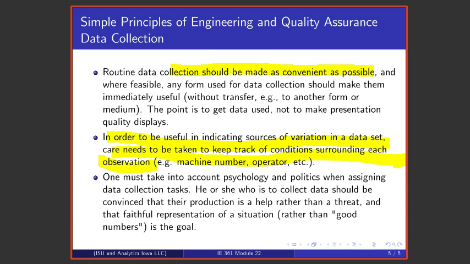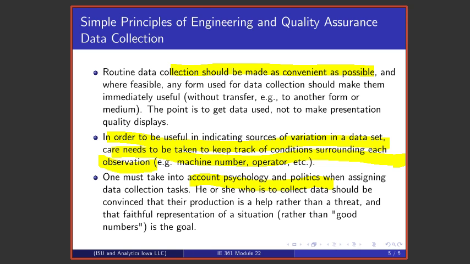Finally, one must take into account psychology and politics when one is thinking about making data collection assignments. If you ask me to collect data and data that I collect have the potential, or I perceive that they have the potential to harm me, you're going to have difficulty getting me to be forthright in how those data are reported.